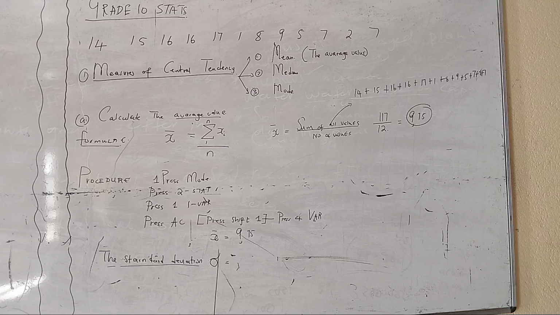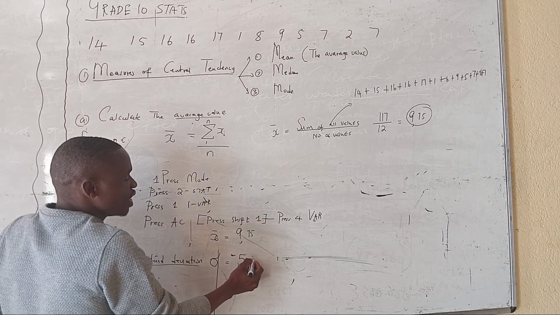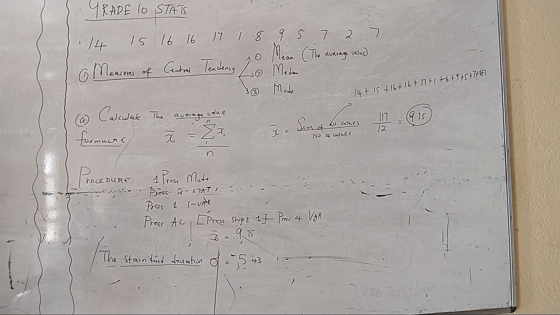Do you see a standard deviation there? Yes, the standard deviation is number 3. It's how much? 5,43. So once they say calculate the standard deviation, you are just going to rely on your Casio.